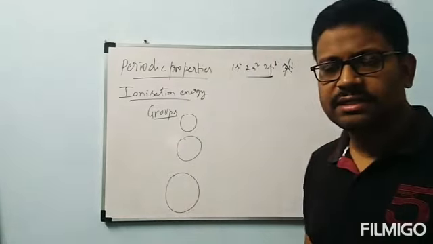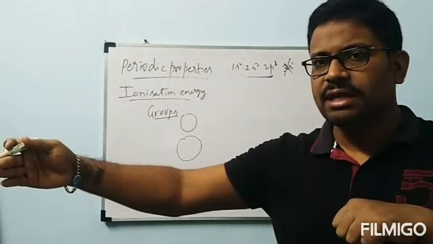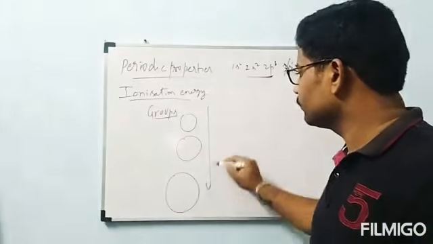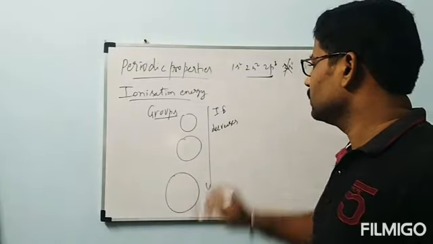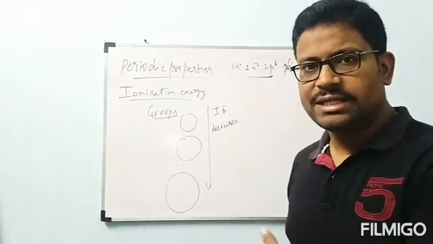It increases. When size increases, the distance between the nucleus and the outermost shell electron increases. Then attraction decreases, and we can remove the electron easily. So top to bottom, ionization energy decreases. Atomic size increases, ionization energy decreases.